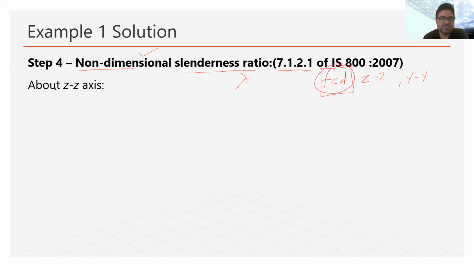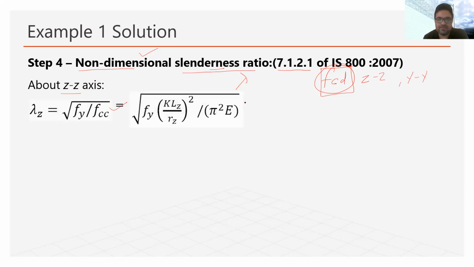Okay. So first we will find out the FCD value along the z-axis. So for FCD value, first we will find out the non-dimensional slenderness ratio and the formula that I have shown you in the IS code. So this is the formula that we will be using. Again, further elaborating it, we will use this.